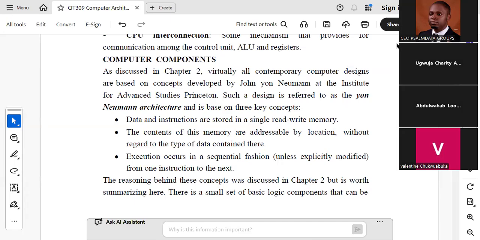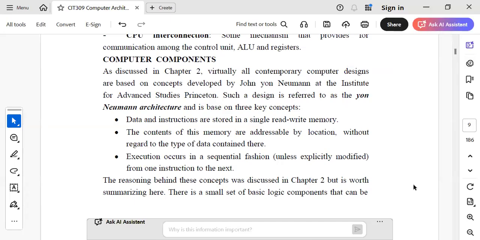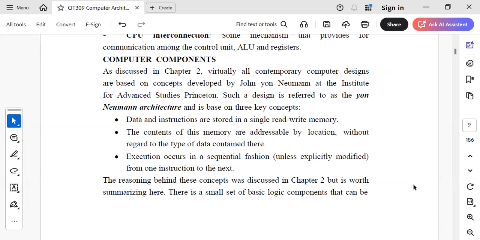As discussed in chapter 2, virtually all contemporary computer designs are based on concepts developed by John von Neumann at the Institute for Advanced Study. The principal design is referred to as von Neumann architecture and is based on three key concepts.